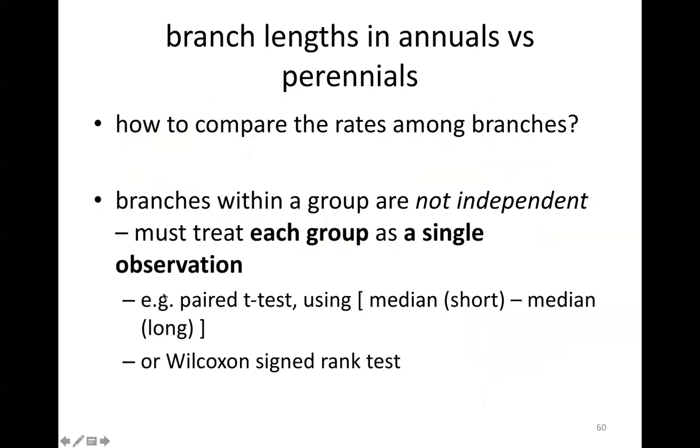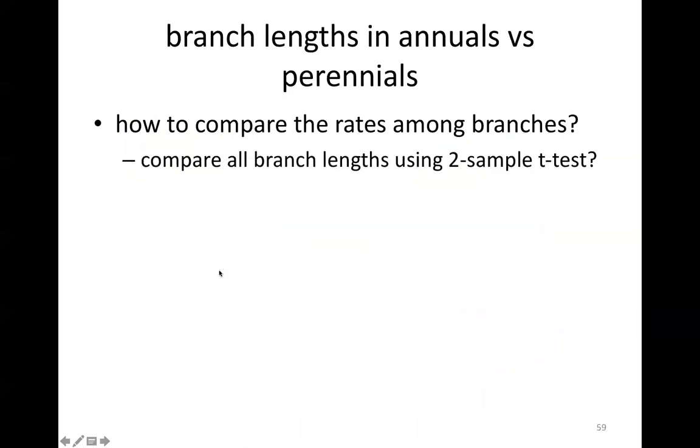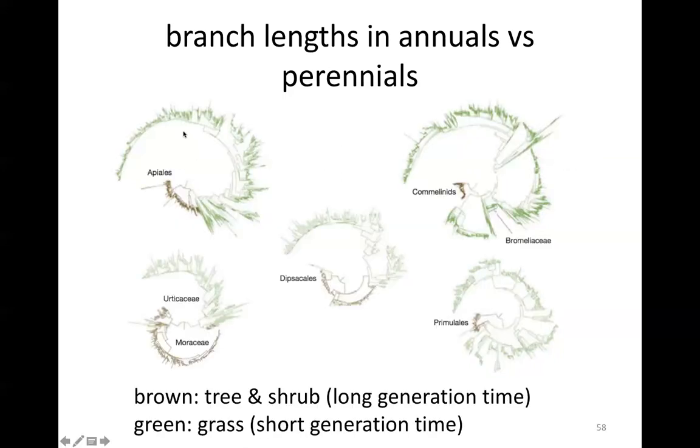What we could do is treat the grass and the trees of each group as a cluster, and calculate the median values of each. So we could have 2 median values for each of the 5 large taxa.